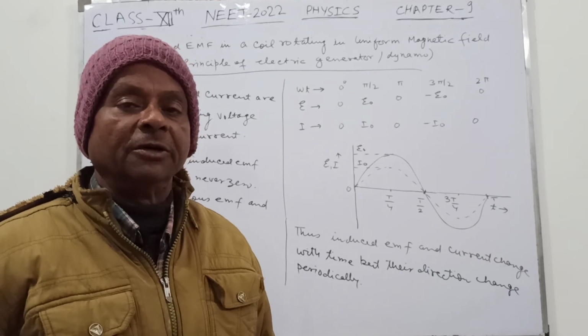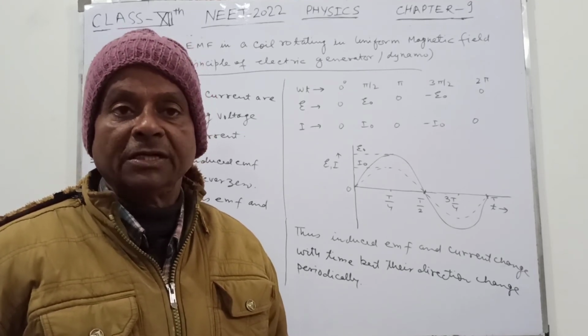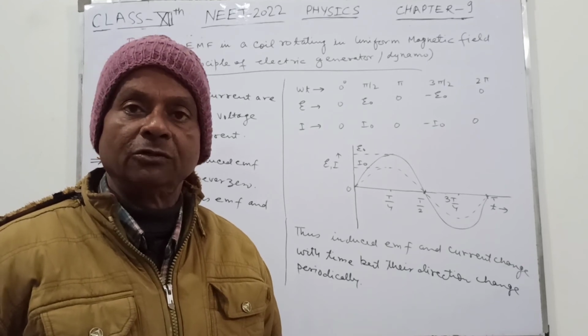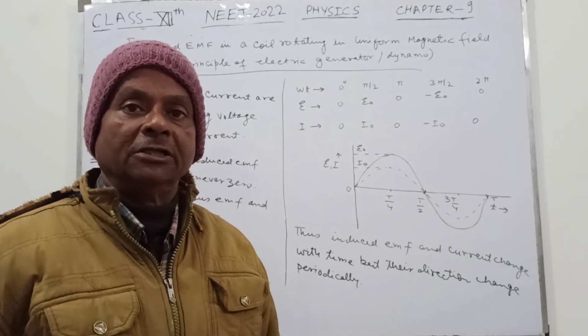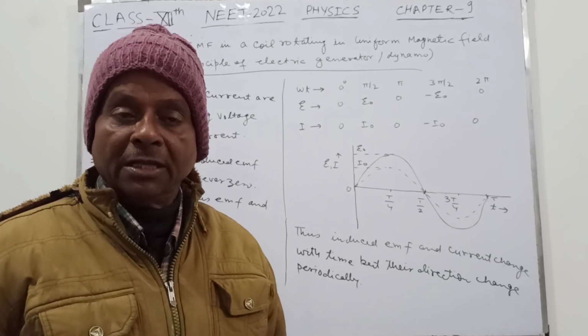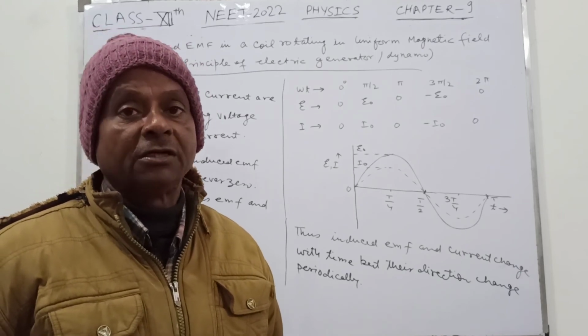So when a coil is rotated in the magnetic field, there is always alternating voltage and alternating current. The peak value of the alternating voltage and current is never zero, but the instantaneous current may be equal to zero. The peak value always depends upon B, A and omega, and the instantaneous value depends upon time also.